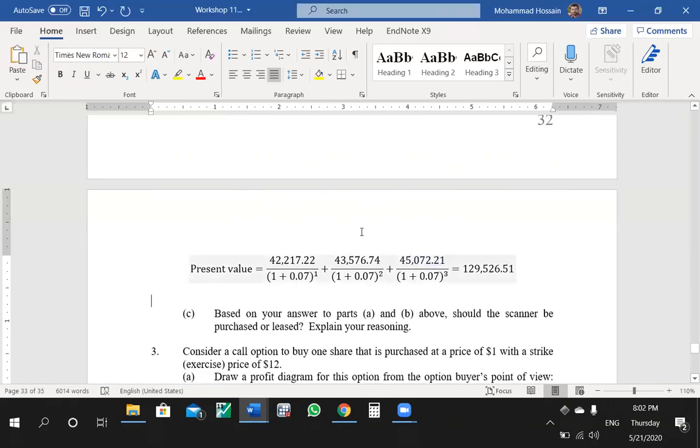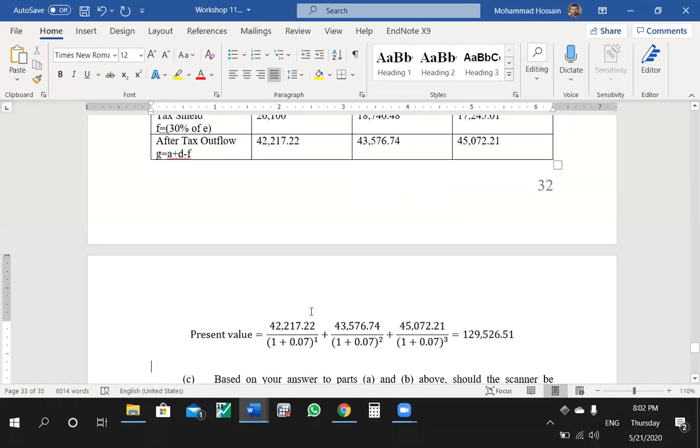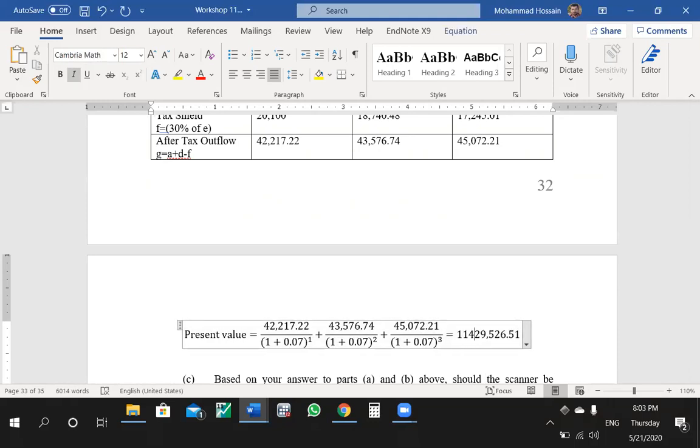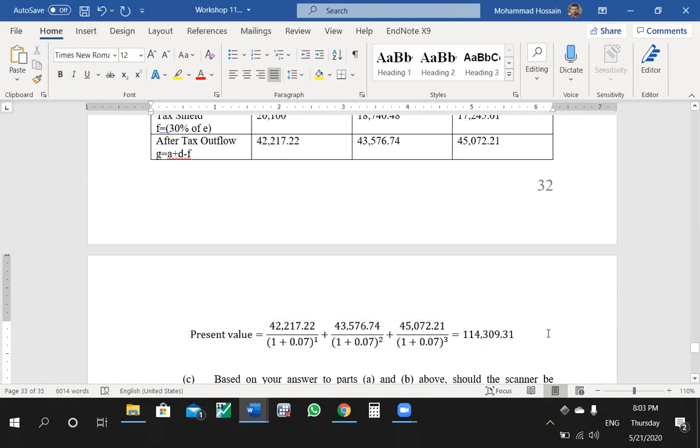We are doing this with our present value formula. So 1, 2, 3, and the answer should be 114,309.31. So now you tell me which outflow you will like.